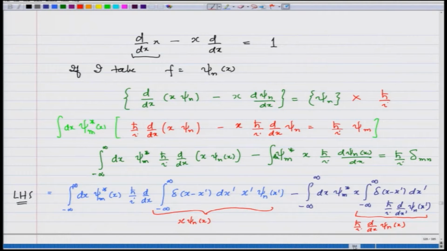Now, I am going to use completeness. So, let me write this left hand side again, so that we can complete the whole thing right here.